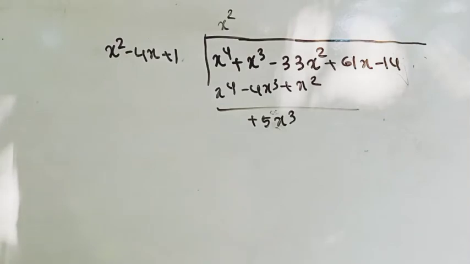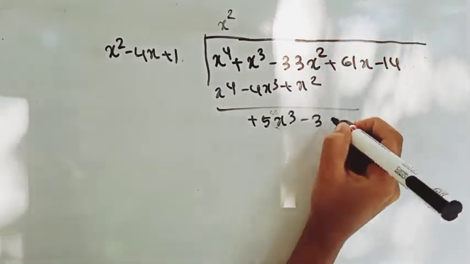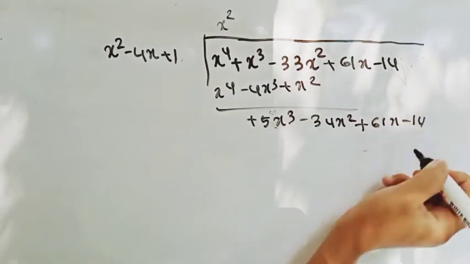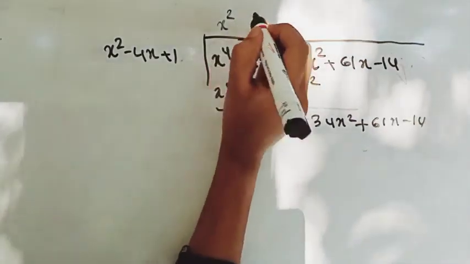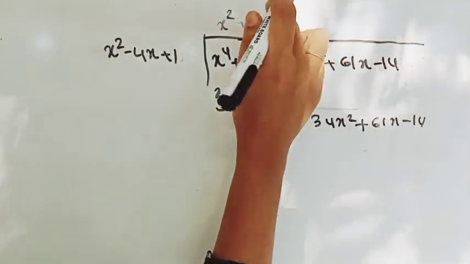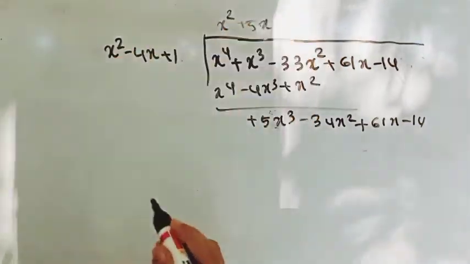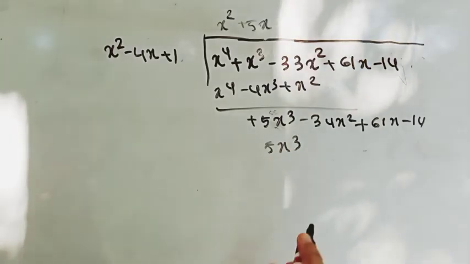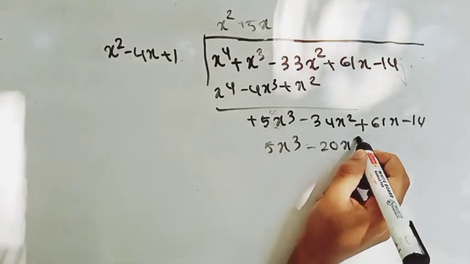Then minus 33 minus 1 will be minus 34x square plus 61x minus 14. Then here 5x: 5x into x square is 5x cube, 5 into 4 is 20, minus 20x square.